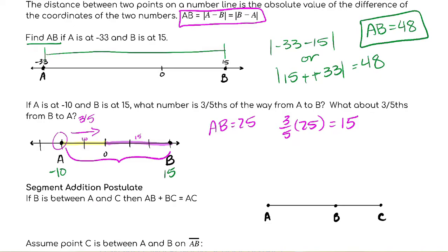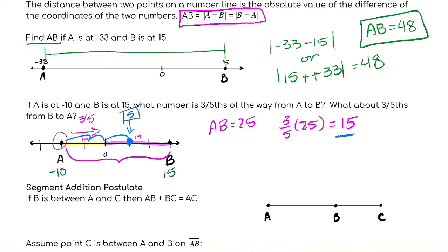So we need to go 15 from point A. So we're going to go back to A, we're going to go 15. The markings are 5, so 5, 10, 15. That will put me right here. The coordinate that is 3/5 of the distance from A to B is going to be 5. So the answer is 5.